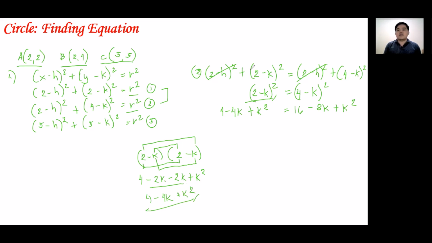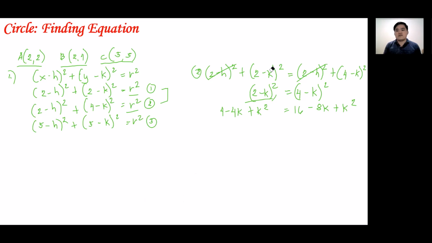Okay, so let me erase something on our screen for you to see. Wait, I can't erase them. Okay, so let us continue on our equation. Again, if I transpose k squared to our right side, this will become negative, so I can cancel this already. Okay, next, let's combine like terms.